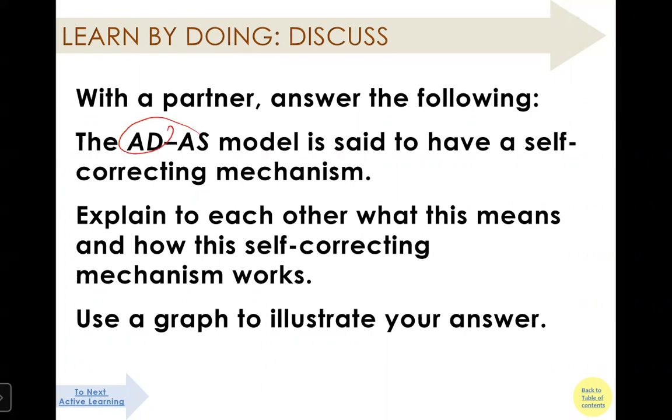Use the AD and AS model we just discussed to see what a self-correcting mechanism means. That's essentially how they respond in the labor market, right? And then explain to yourself or to a partner what this means and how this self-correcting mechanism works, right?